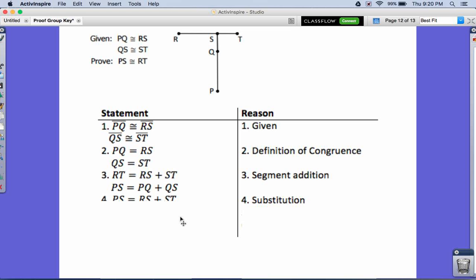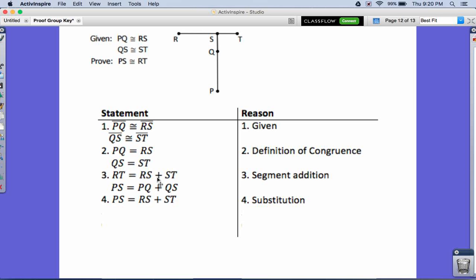But the way that this works is we're going to say that PS equals RS plus ST. And we can say that because PQ equals RS. So we can take PQ out and we can put RS in. And QS equals ST. So we can take QS out and put ST in.